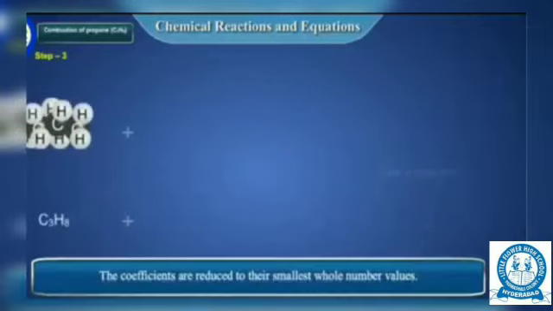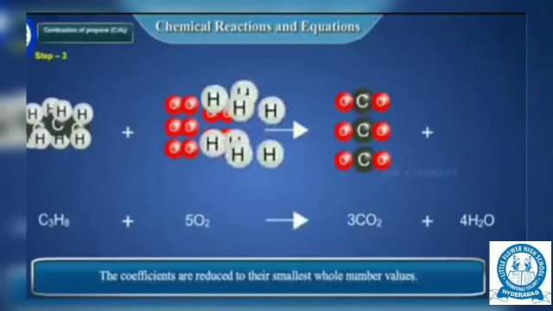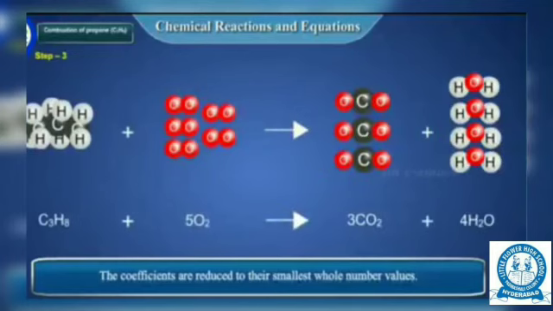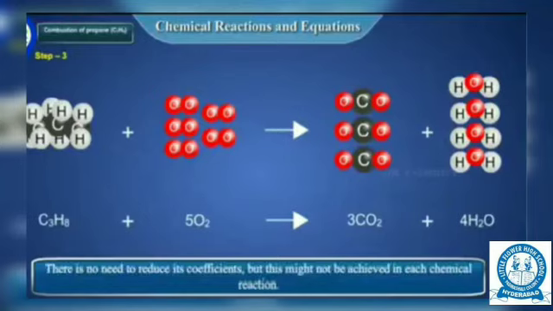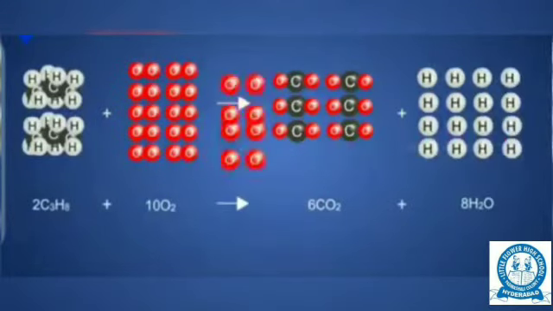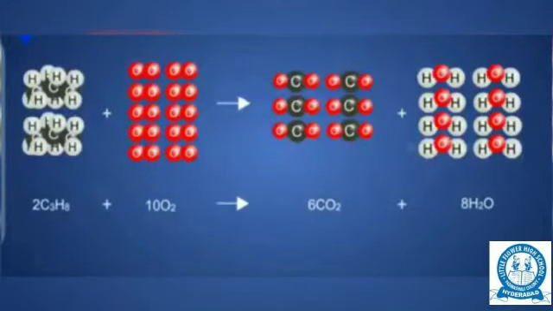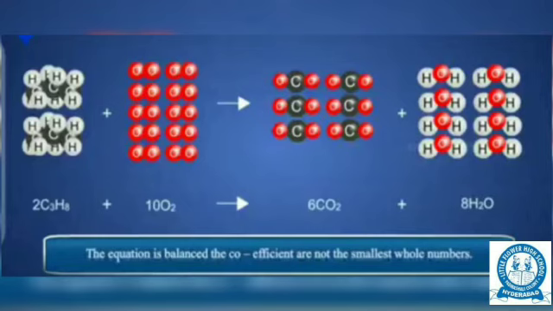Step 3. The coefficients are reduced to their smallest whole number values. Here the coefficients are already in smallest whole numbers, so there is no need to reduce them. But this might not be the case in every chemical reaction. For example, 2C3H8 plus 10O2 gives 6CO2 plus 8H2O.